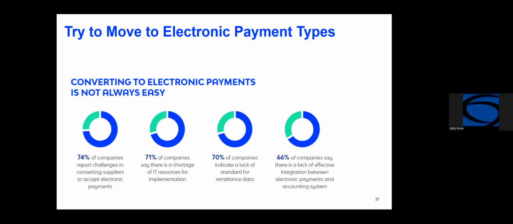So, after you send an electronic payment, you also have to send the remittance information for what that payment is for, which invoices, any discounts, like the check stub would be. But there's no way for them to deliver that information with an electronic payment. 66% of companies say there's a lack of effective integration between electronic payments and their accounting system. So it is tough. There's a lot of work involved with moving to electronic payments, but it is another way to mitigate payment fraud.